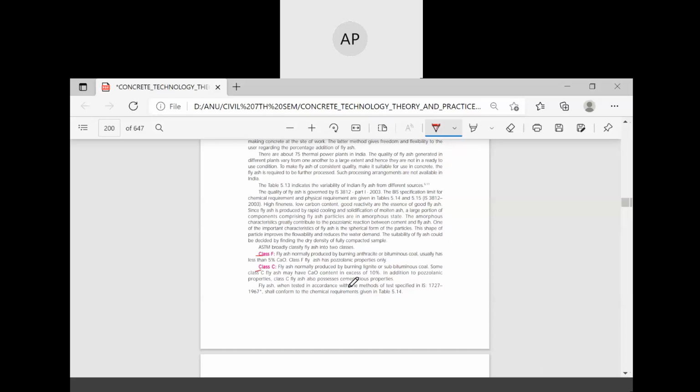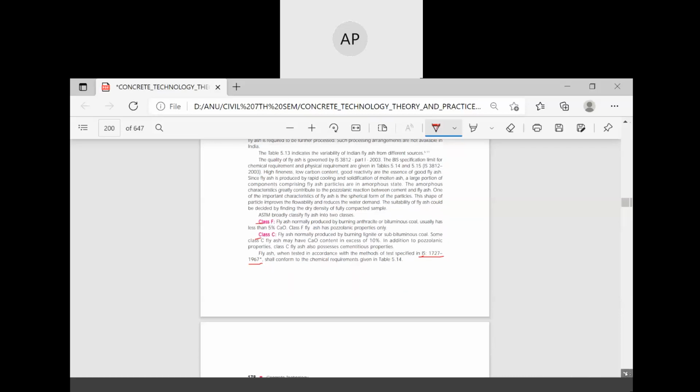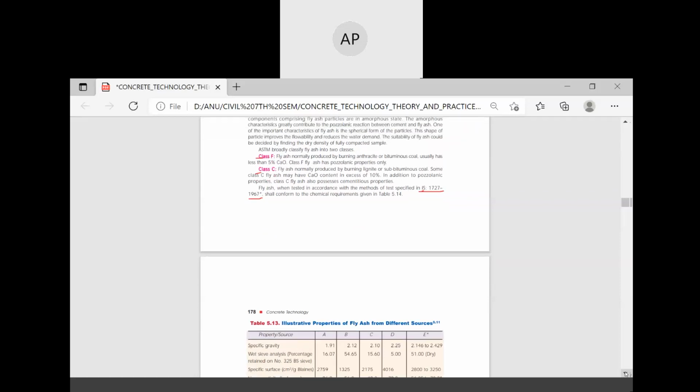Fly ash is tested according to the method. The IS code for fly ash is IS 1727, oh sorry, 1967.